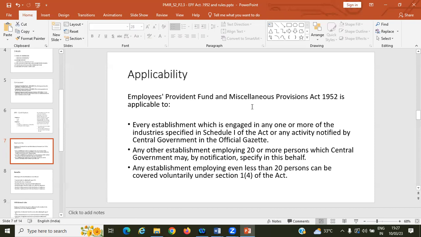The current applicability is across India, all the states. So you can include all the states in the applicability.